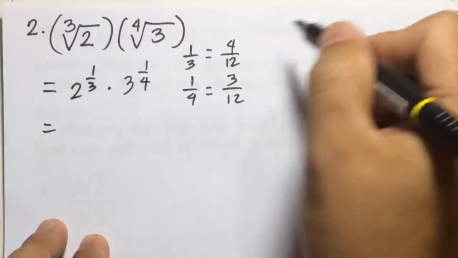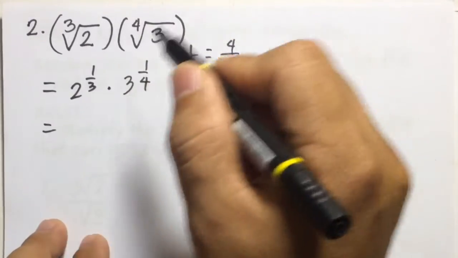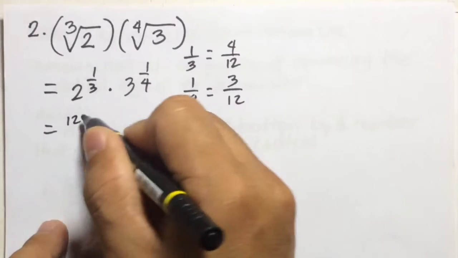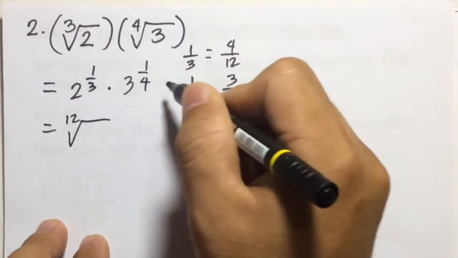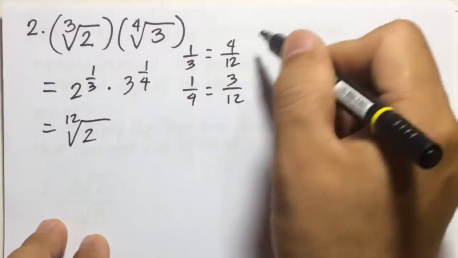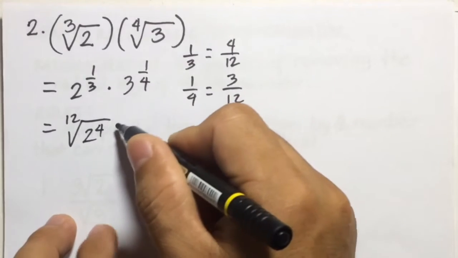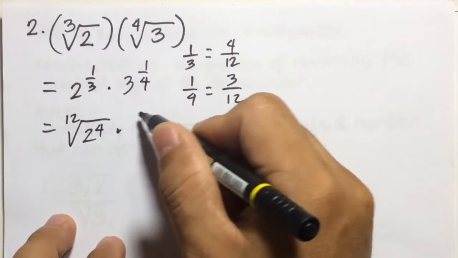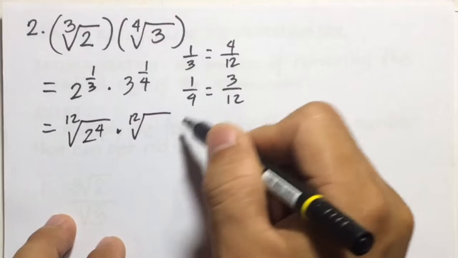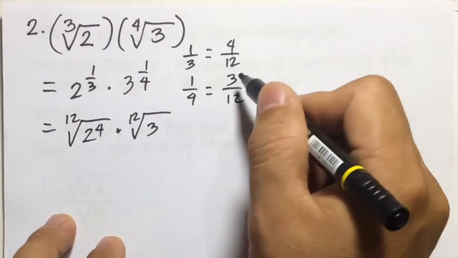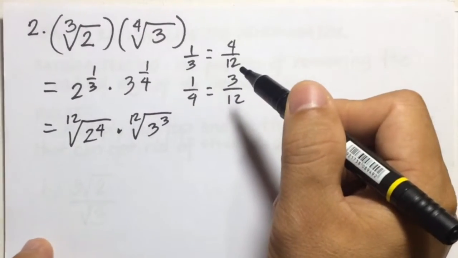Then we can have this one as 12th root of 2 to the power of 4. Then times 12th root of 3 to the power of 3.